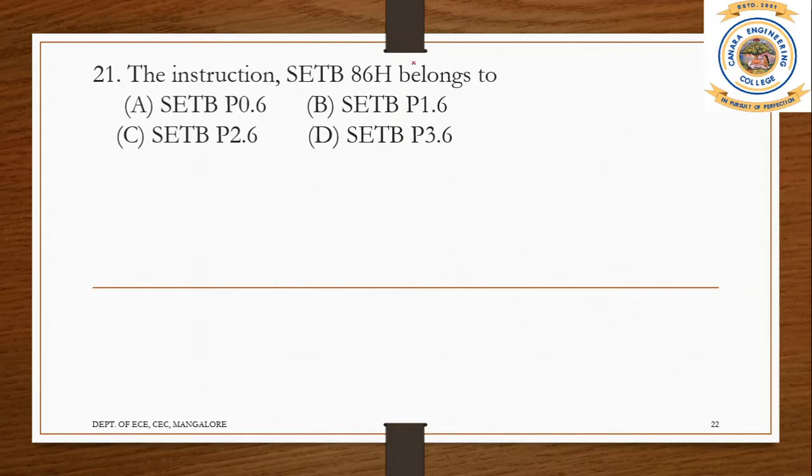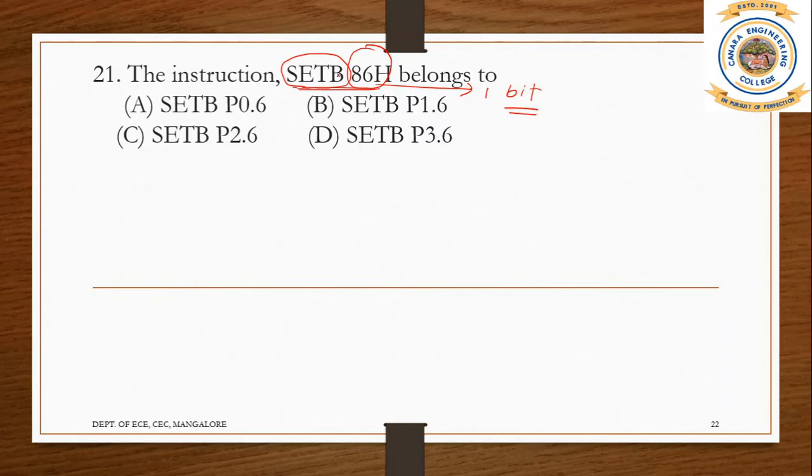So here the question is, the instruction set bit 86H, right, 86H belongs to which of this, or set bit 86H is similar to which instruction is the question. So when I use set bit, that is SETB, I should understand that this 86H is single bit, 1 bit value.